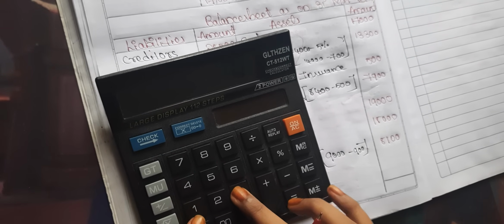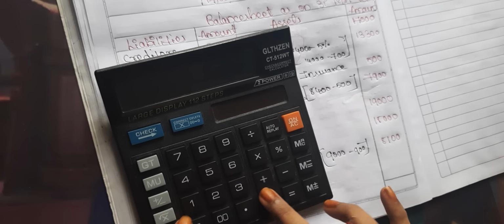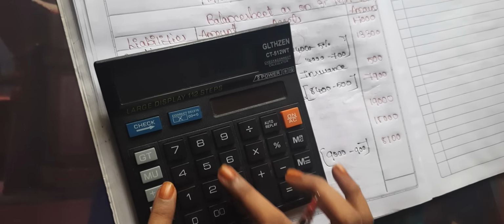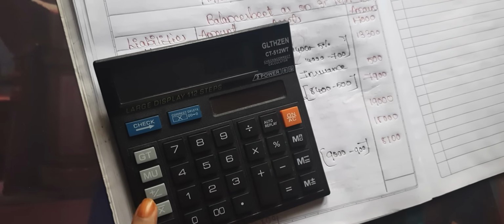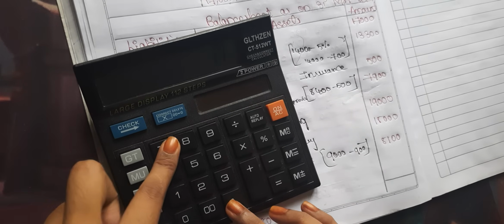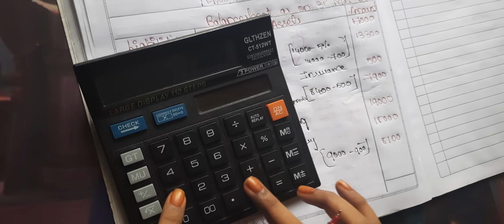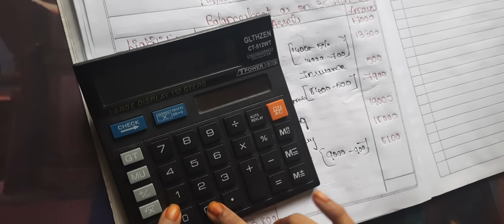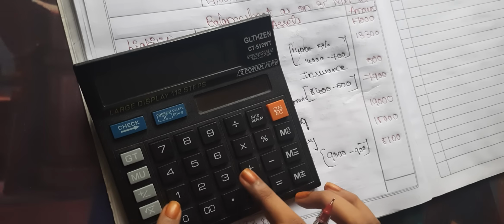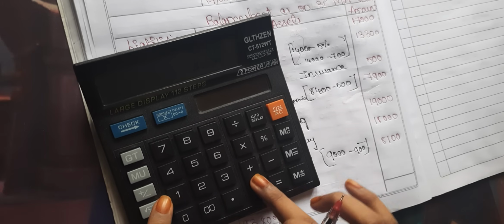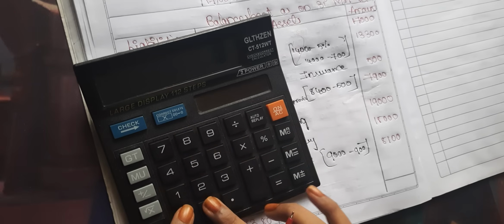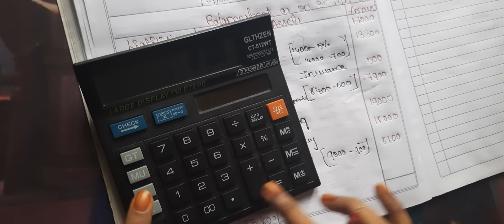17,000 plus 13,300 plus 500 plus 7,900 plus 19,000 plus 18,000 plus 8,100. Wait, we have done some mistake. 17,000, 13,300, 500, 7,900, 19,000, 18,000, 8,100.